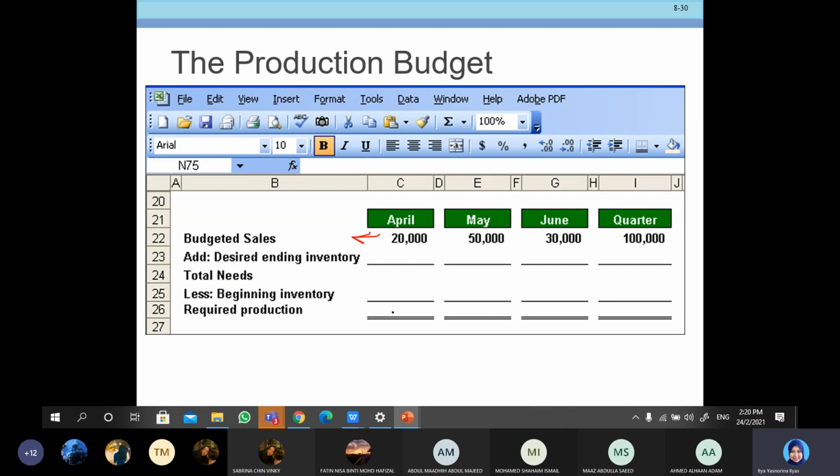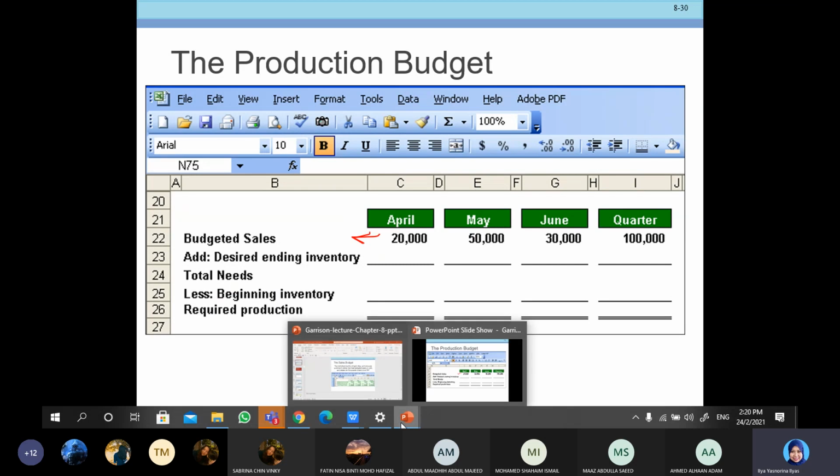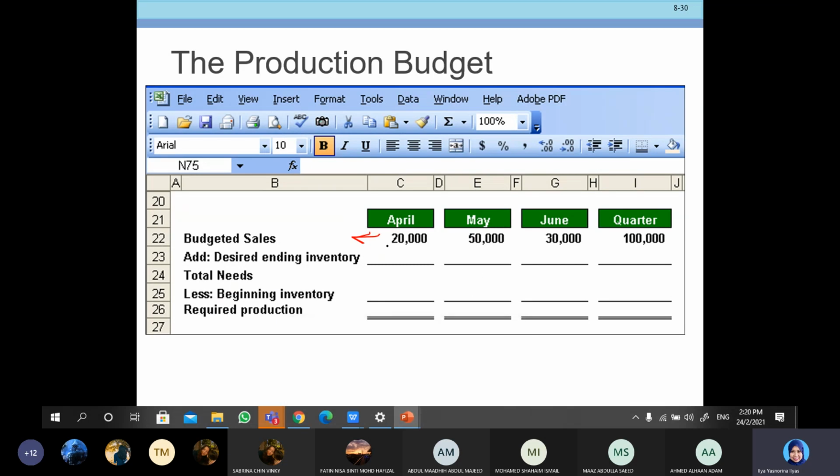Then this production budget you will bring to the direct material budget. So if you make a careless mistake in your sales budget, all your master budget will be wrong because you bring the wrong number here.